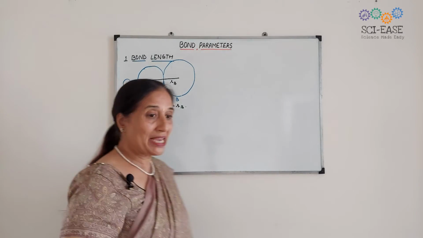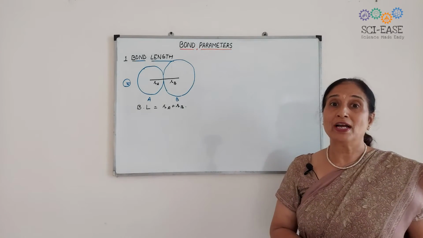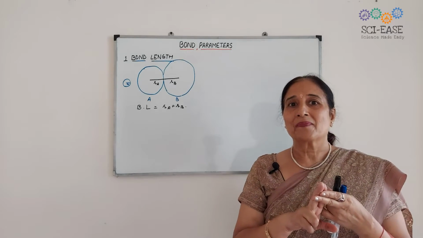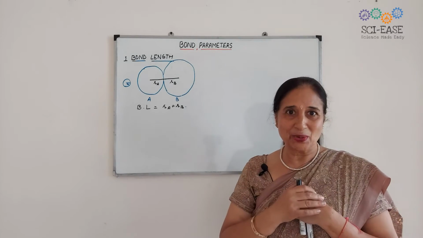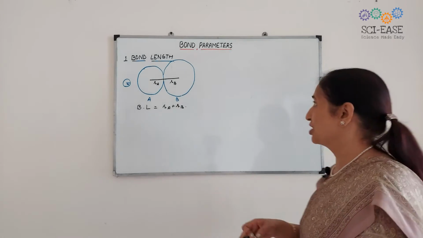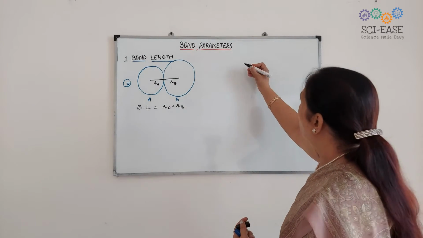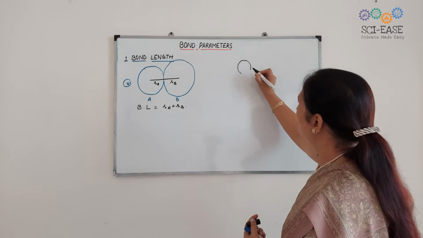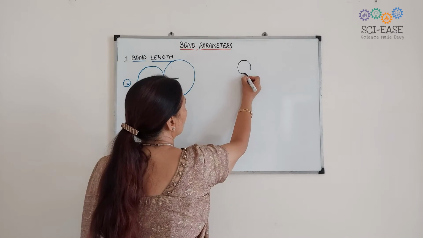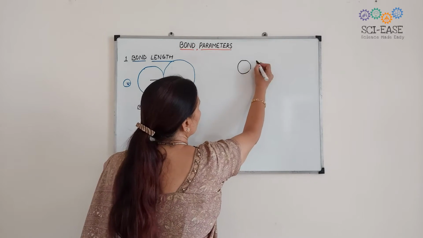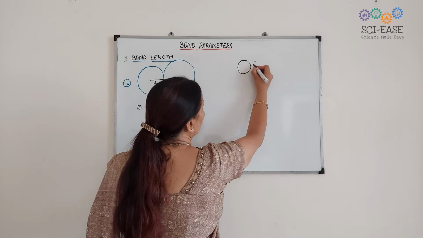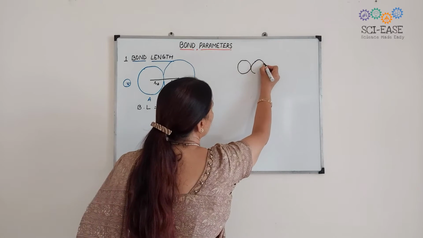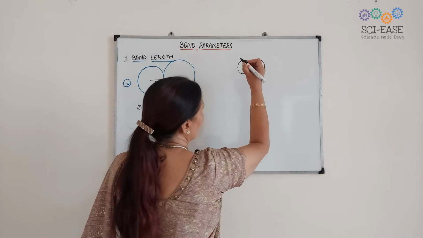In some cases, like diatomic molecules where both the atoms have the same radius, we will take the case of hydrogen. Suppose this is one atom of hydrogen, and the second atom of hydrogen approaches it.